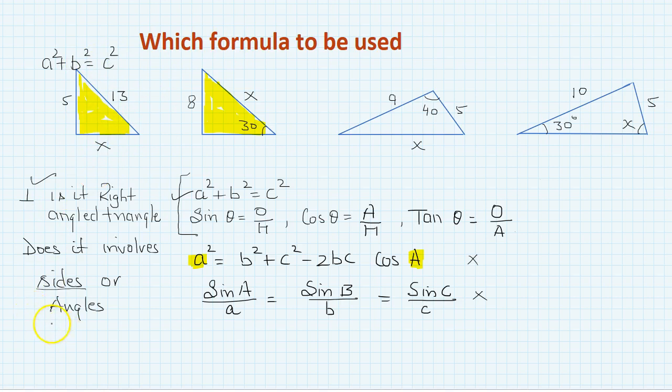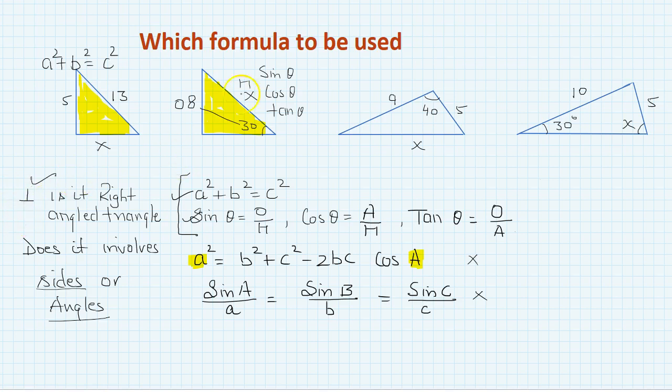Now if it involves angles, then we are going to write what is sine theta, what is cos theta, and what is tan theta. For example, this one is opposite and this is hypotenuse. Opposite and hypotenuse. So we'll write sine 30. So we are going to use this type of formula.